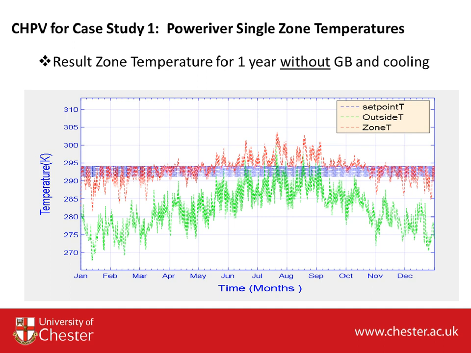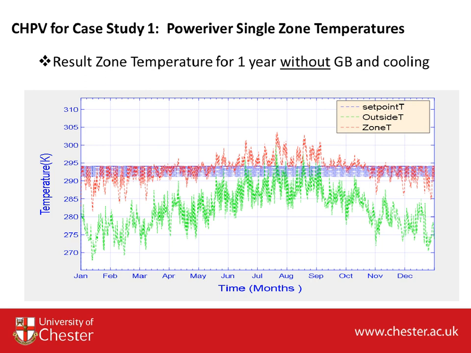So these are examples of what we get from our dynamic simulation software called Power River, and the blue line between 290 and 295 Kelvin is the set point across the whole year from January to December.